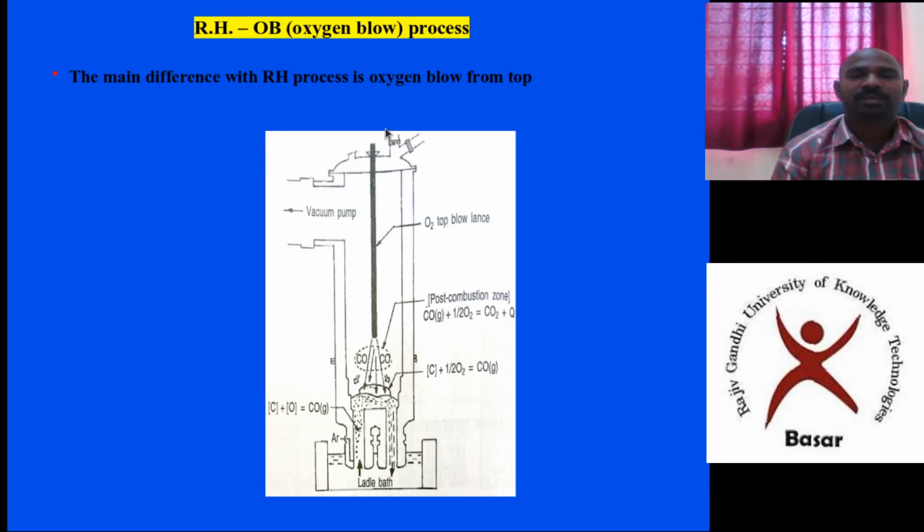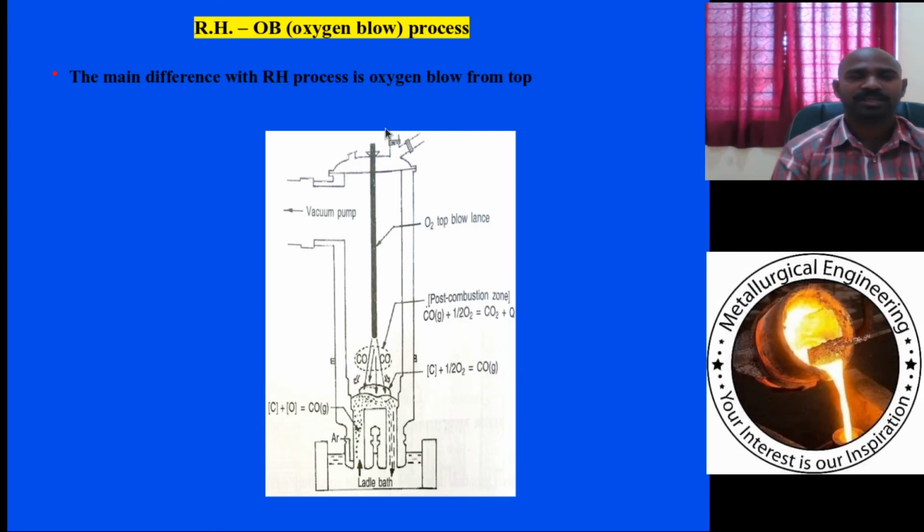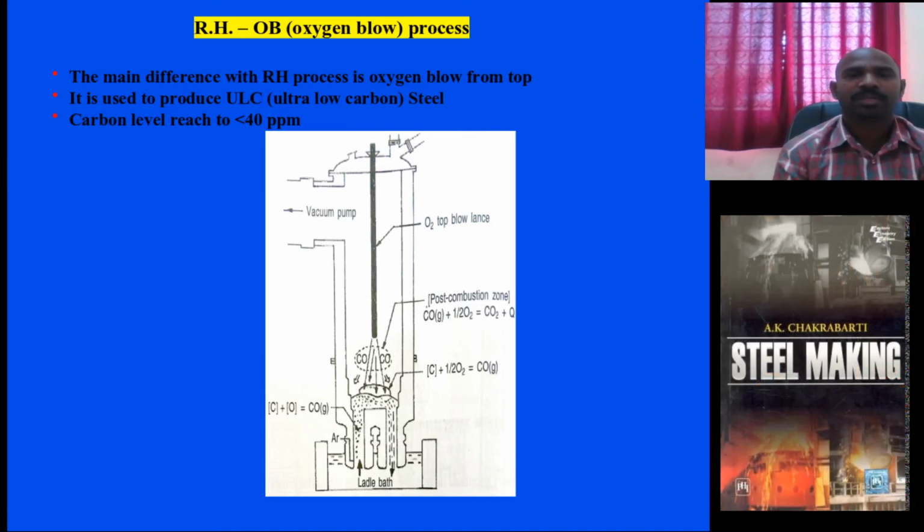This is the basic difference between the RH degassing process and the RH-OB degassing process, and it is mainly used to produce ultra low carbon steels. The carbon level can be reduced to less than 40 ppm, which is required for many deep drawing steels, interstitial free steels, and automobile applications.